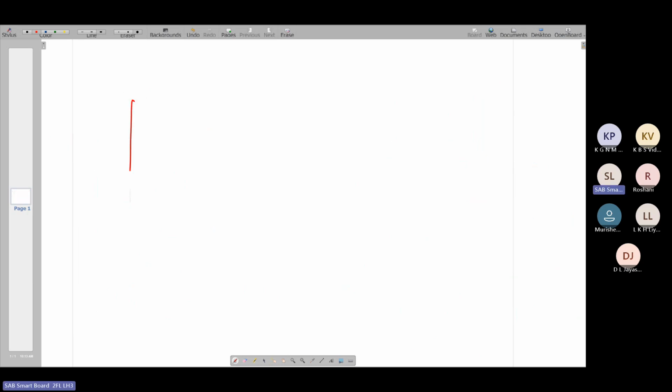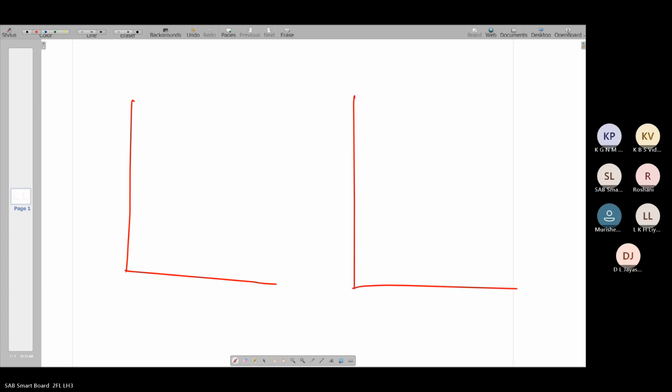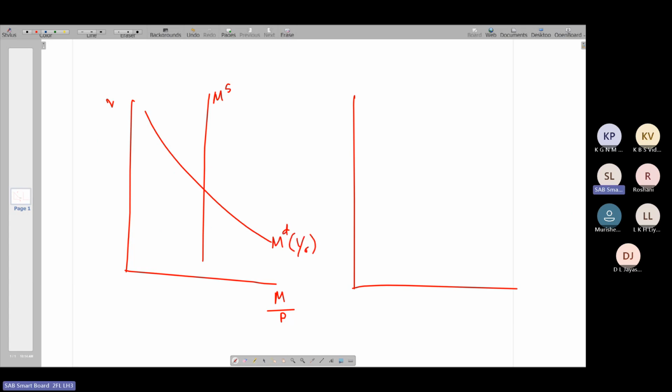So this is the money market, and the real money stock, money demand, money supply. At a particular income level Y0, let's say, initially the market is in equilibrium at the R0 level. So this is the real money balance.